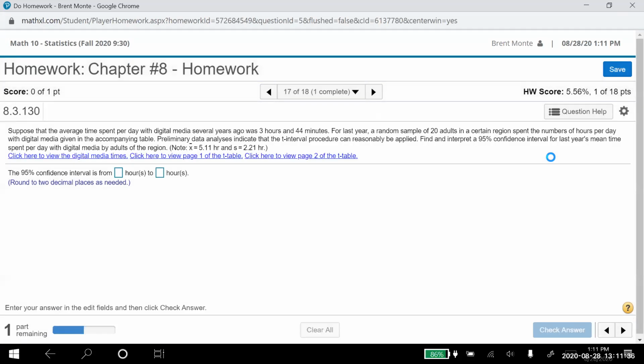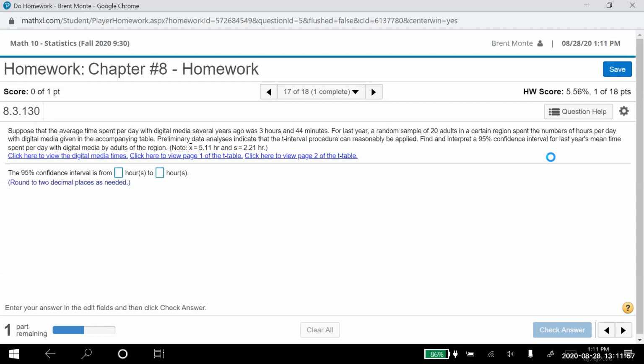Suppose that the average time spent per day with digital media several years ago was 3 hours and 44 minutes. For last year, a random sample of 20 adults in a certain region spent the number of hours per day with digital media given in the accompanying table. Preliminary data analyses indicate that the T interval procedure can reasonably be applied.